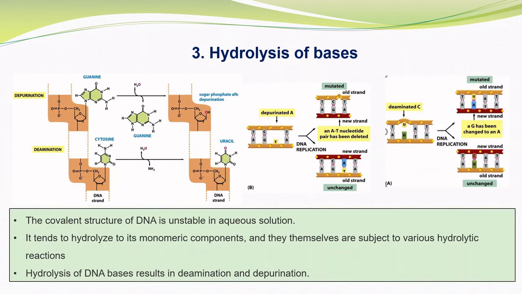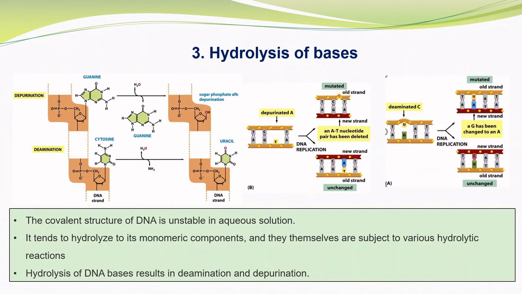Each sugar molecule carries one of the four natural DNA bases: adenine, guanine, cytosine, or thymine. Together, the sugar molecule, the phosphate group, and the nitrogenous base constitute the nucleotides, and the adjacent nucleotides are linked together by phosphodiester bonds.